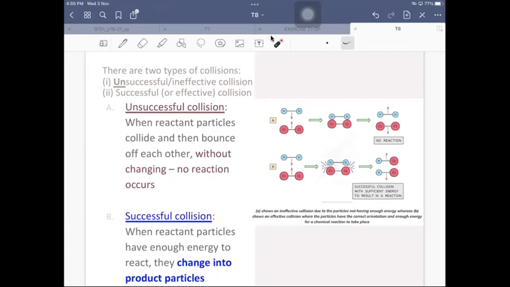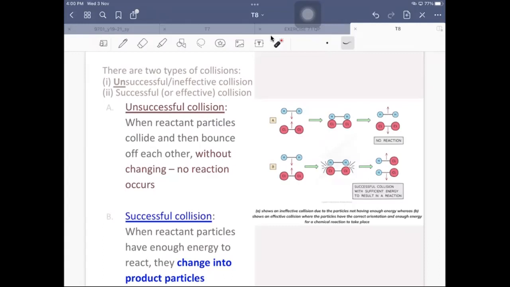Well, it's also not wrong to use unsuccessful and successful collision. Okay, not all types of collisions will end up as a reaction. Only successful collisions will form products.